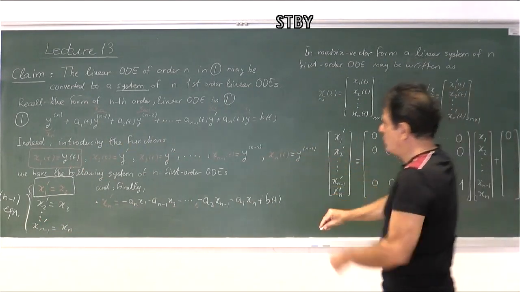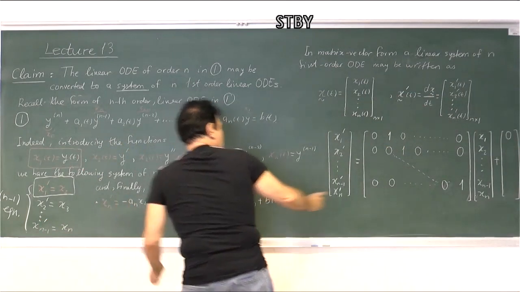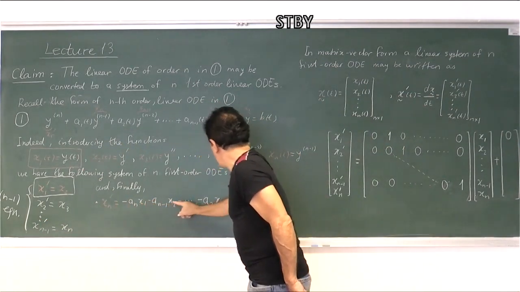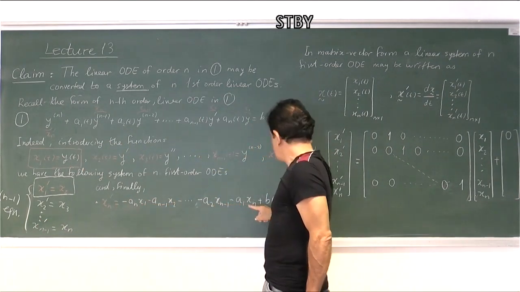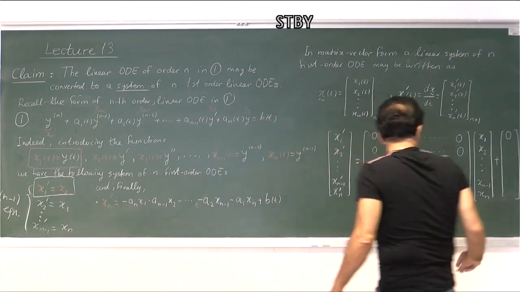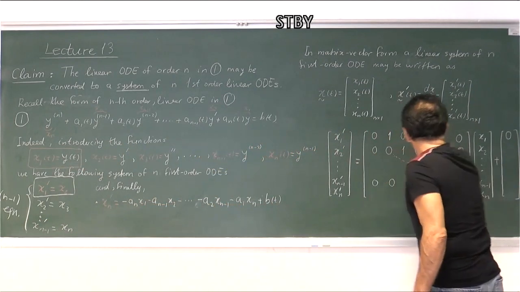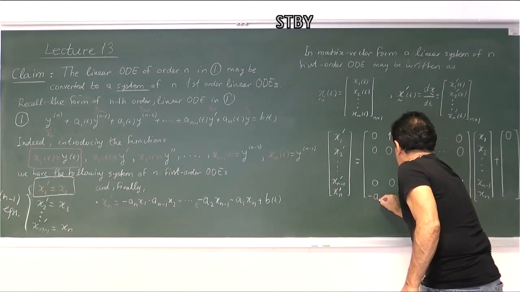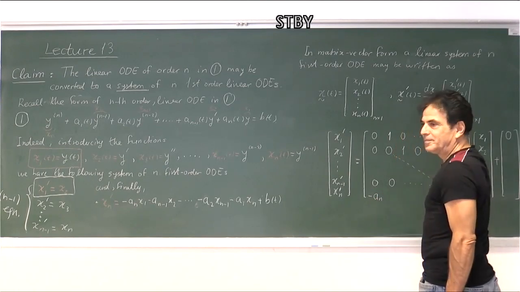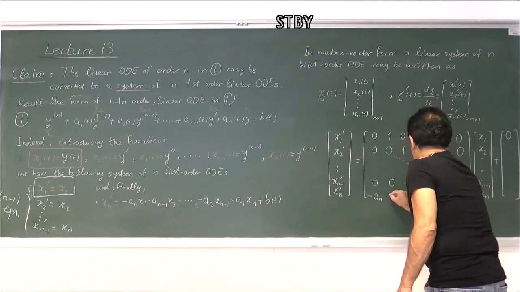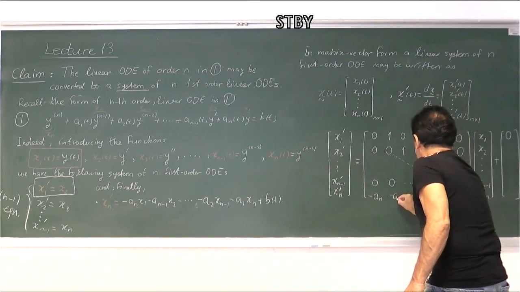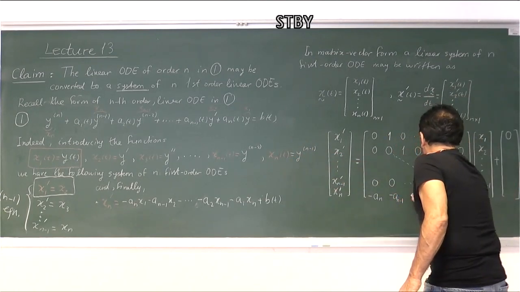Now the last equation. x_n prime: we have x1, x2, up to x_n, and a non-homogeneous term. x1 is multiplied by minus a_n. x2 is multiplied by minus a_{n-1}.